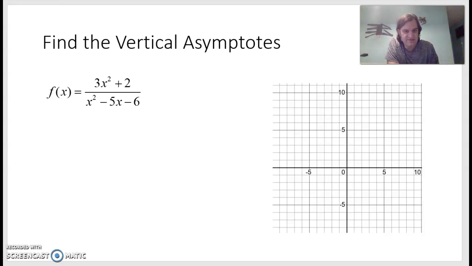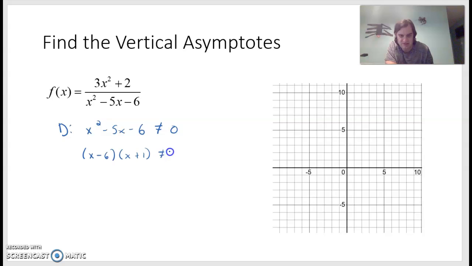So the first one I have here is find the vertical asymptote for f of x equals numerator 3x squared plus 2, denominator x squared minus 5x minus 6. So we have a denominator, x squared minus 5x minus 6. That cannot be 0. So this one here actually factors: x minus 6, x plus 1, I believe.